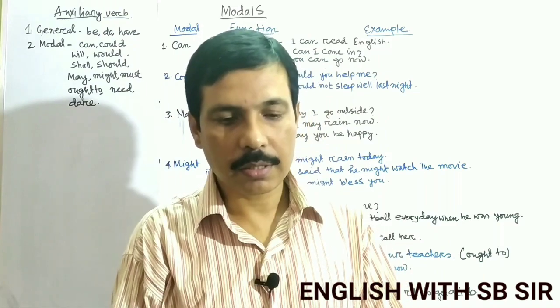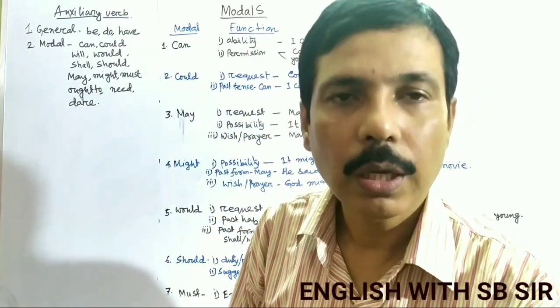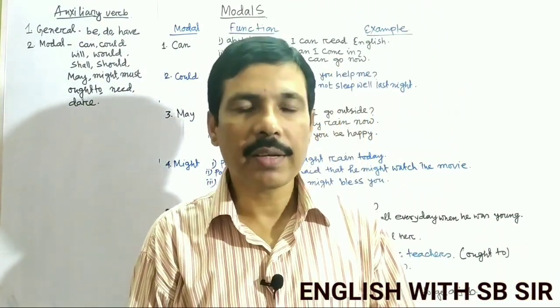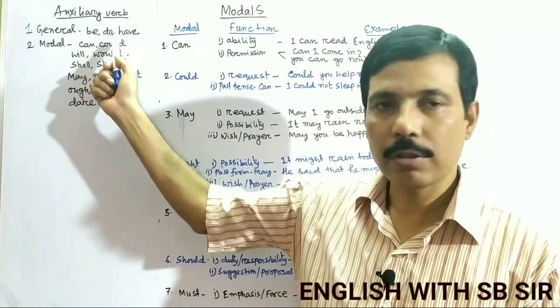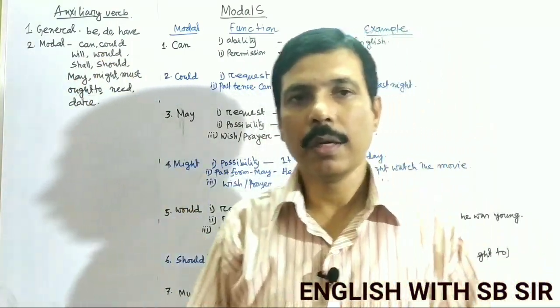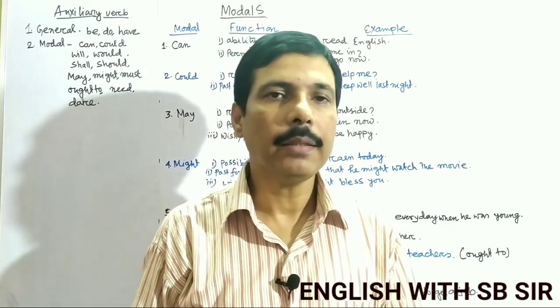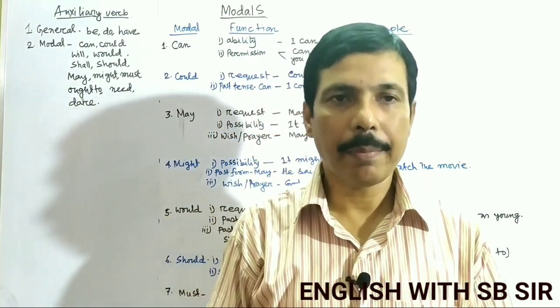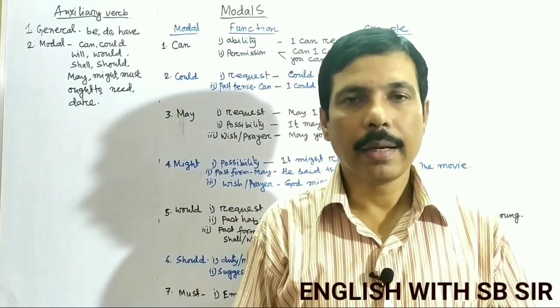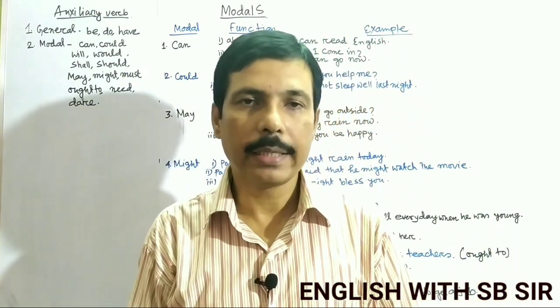What are the differences? At first we know the differences between general auxiliaries and modal auxiliaries. If you notice, I have done the work, here have is the auxiliary verb and done is the main verb, do, did, done.